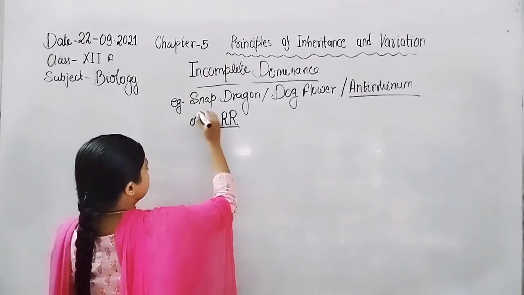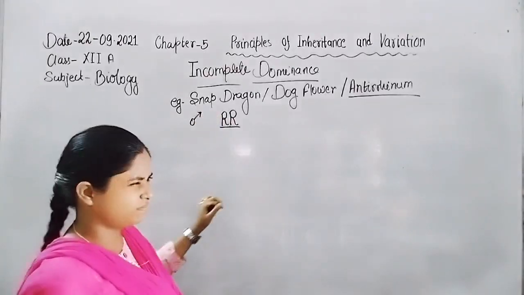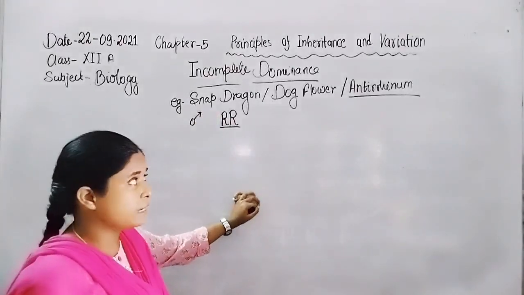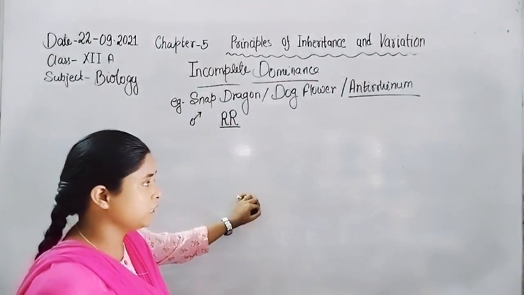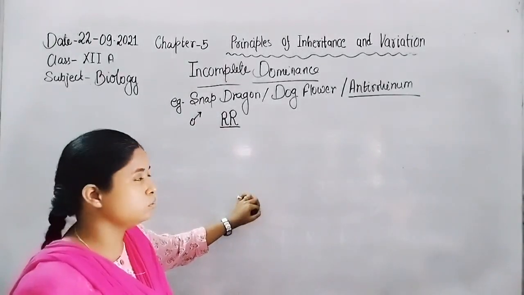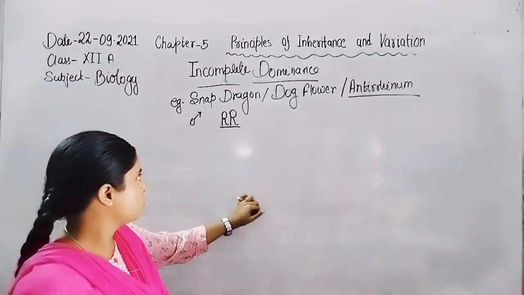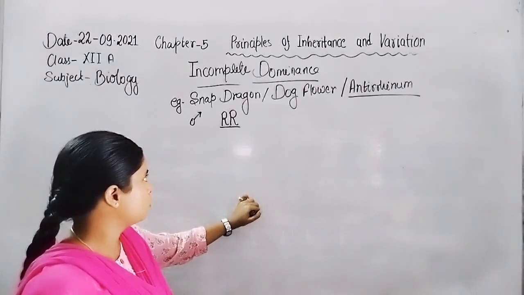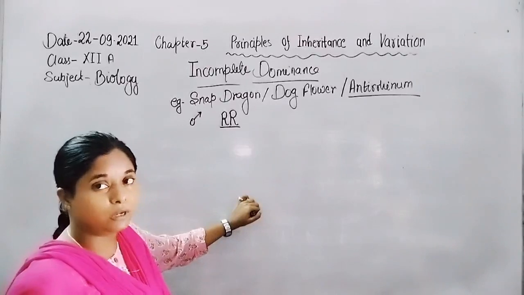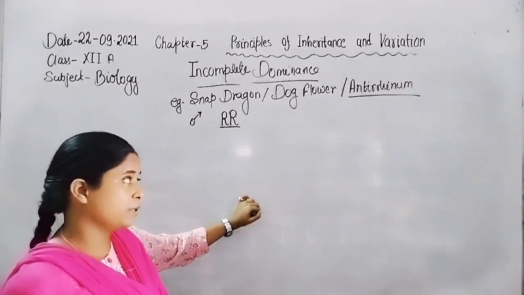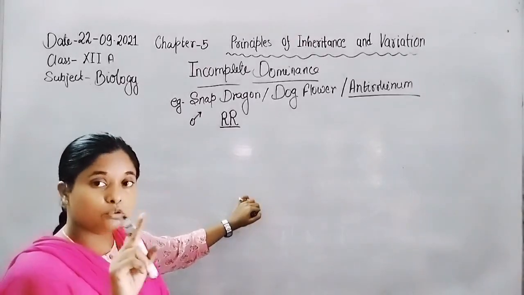Or we are going to take a male flower. Both snapdragon flowers are bisexual, but we are going to cross the two flowers, or hybridize two traits of flower.